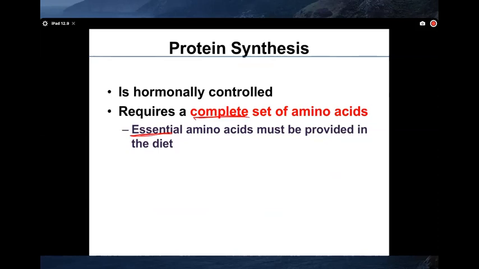In order for me to produce a protein, I need to have a complete set of those amino acids. Protein synthesis is going to be hormonally controlled. So to build up a protein, you need to have the signals from your genetic code that encodes the formation of this specific protein.